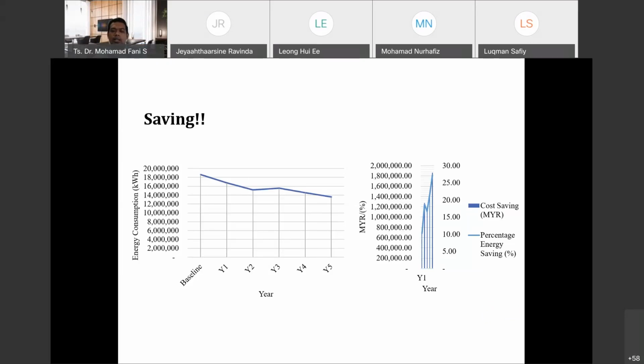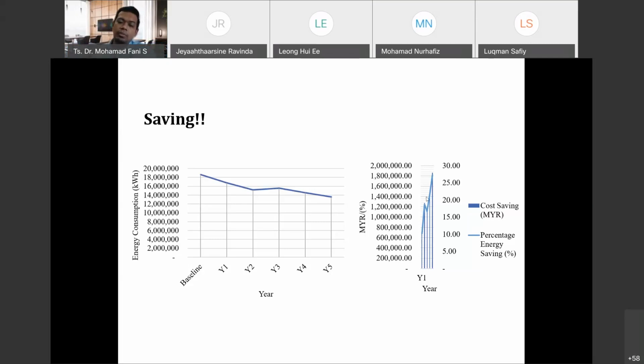This electricity cost can be considered top five among the operational costs for UTM, because for 1 year we spend about 7 million on electricity bills, every year.